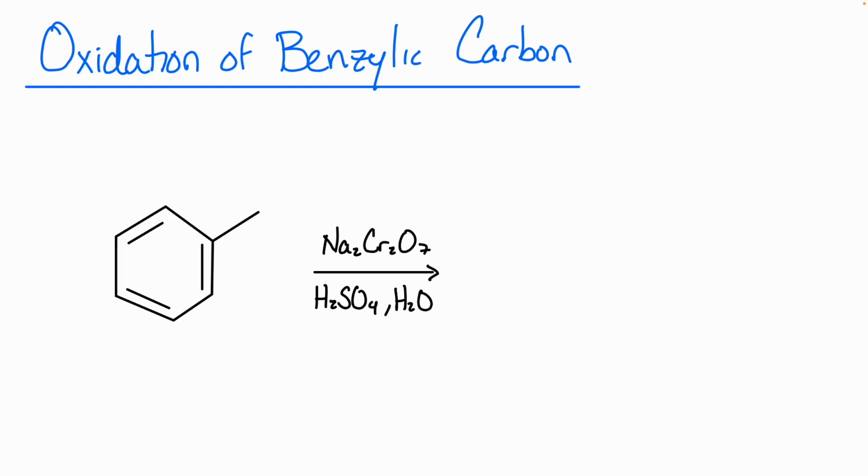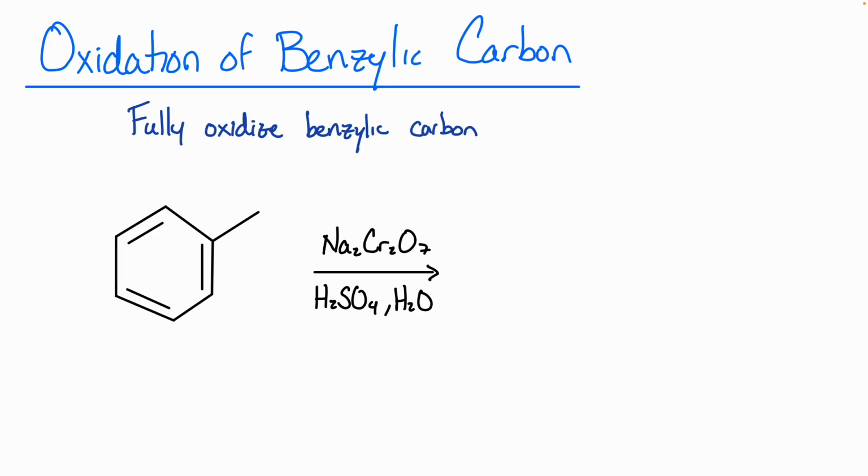All right, and what we're going to see is we're going to fully oxidize that benzylic carbon. All right, and if you're having terror flashbacks to general chemistry, oxidation numbers were such a pain in the butt to calculate, all right?